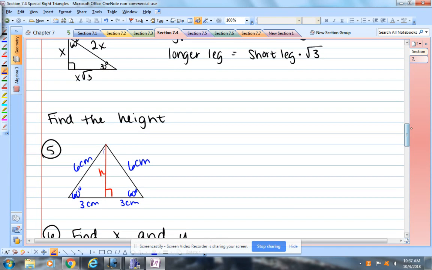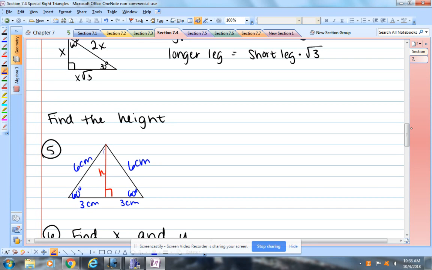All right. Find the height of this triangle. It was an equilateral triangle because it says 60, 60, and that one would have been 60. The height is the altitude. So that altitude there broke this into a right triangle, and it's a 30, 60, 90 triangle because here's my right angle, here's 60 degrees, so that means there's 30 degrees on top, right?